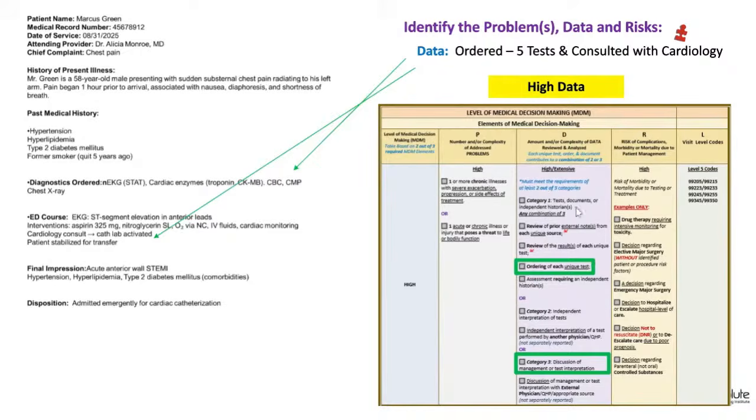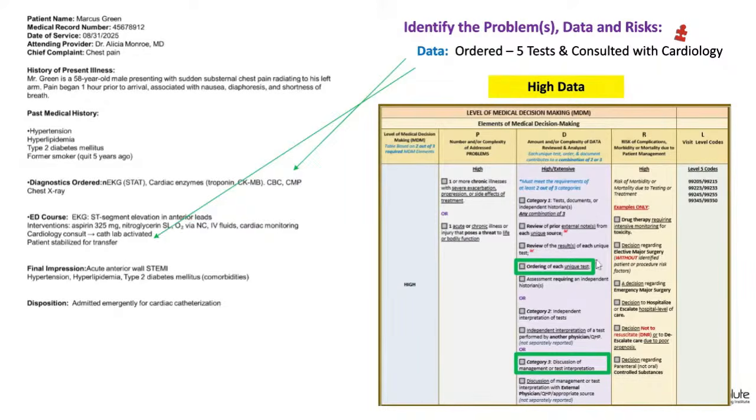There you got category 1, category 2, and category 3. We meet 2 of the 3 categories. The provider ordered 5 unique tests when he really has to only order a minimum of 3, and this provider discussed patient management with cardiology. So it is high.